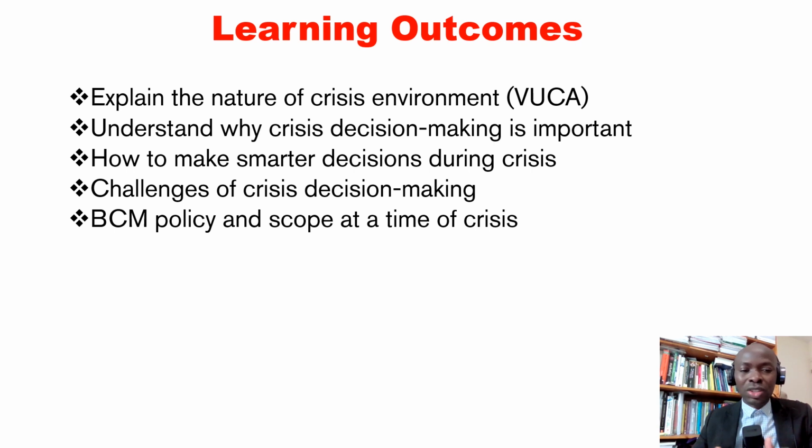And we'll try to look at how to make smart decisions during the time of crisis. We'll look at some of the problems and challenges of crisis decision making. And of course, we'll wrap it up with business continuity management policies and scope at a time of crisis. So this is what I'm trying to cover within the course of my discussion with you today.